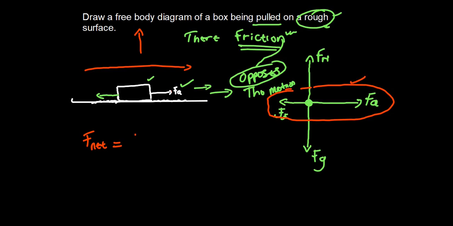Looking at our free body diagram, it's going to be the force applied plus the frictional force. But when you do your calculations, remember your force applied is going in a certain direction and your frictional force is going in another direction. So whenever you do the calculation, make sure that you put a negative sign for your frictional force to show that it is opposing the direction of the motion.